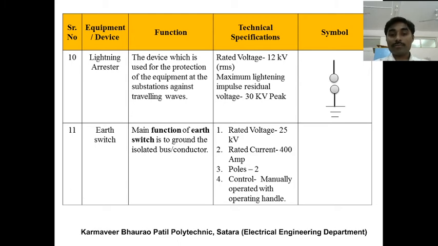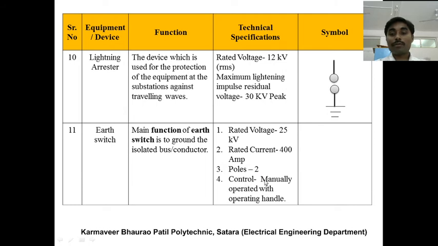Next is the earth switch. The main function of the earth switch is to ground the isolated bus or conductor. The technical specifications of the earth switch are rated voltage, which is 25 kilovolt, rated current, which is 400 ampere, and the number of poles, I have written here 2 poles.